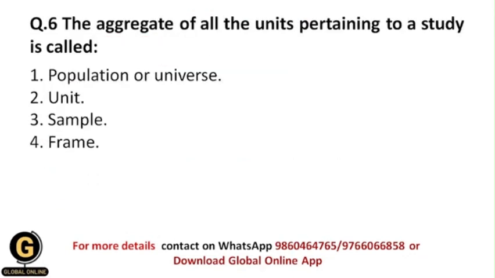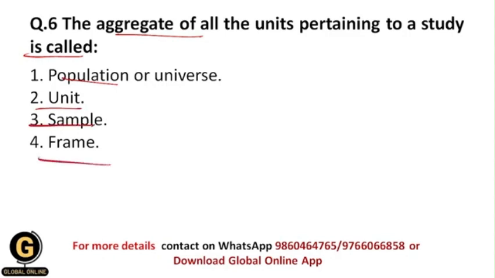Next, the aggregate of all the units pertaining to a study is called. So whenever you total all the units which are relevant to a research study, what do we call it? Do we call it population or universe, unit, sample, or frame?